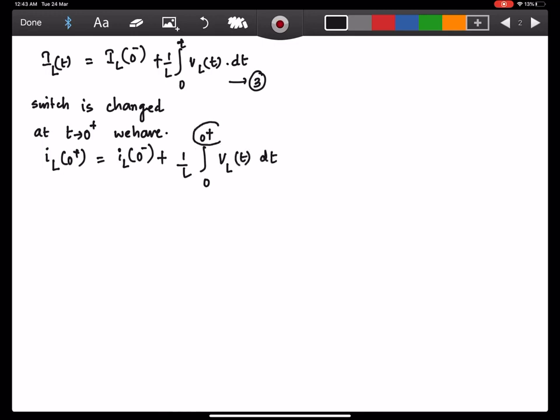Why have we written 0 plus? Because we have considered t is equal to 0 plus. So put all the values of t at 0 plus.